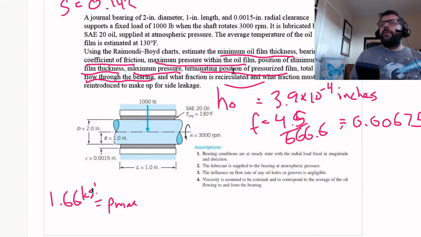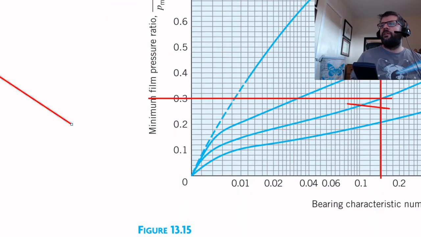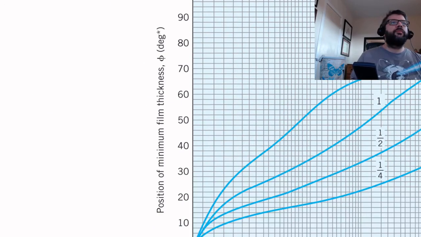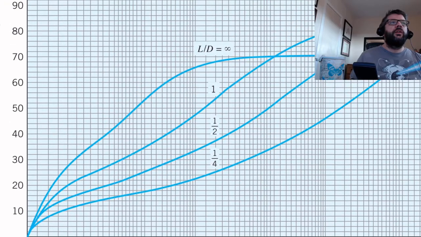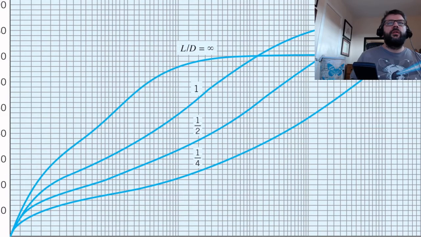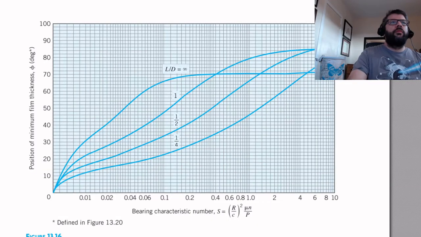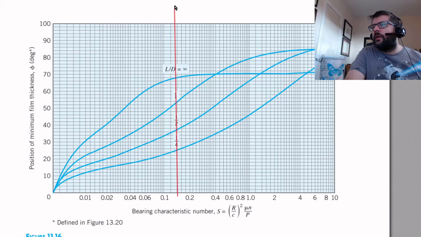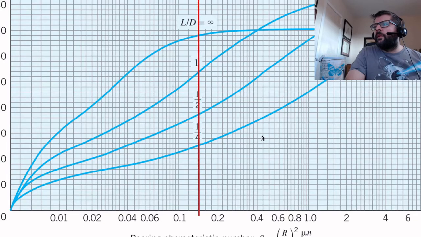Okay, so I got a maximum pressure within the oil film. The position of the minimum film thickness is our next one. Yep. So again, kind of right here on that line there, second one from the top again. It looks to be right about there where that intersects.